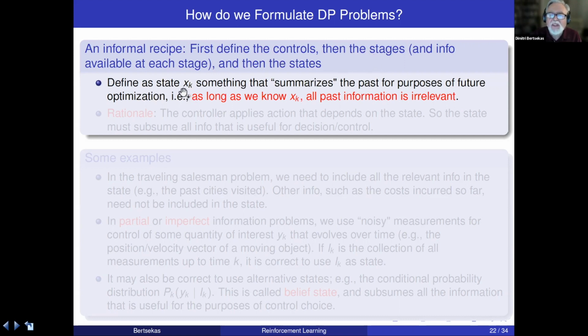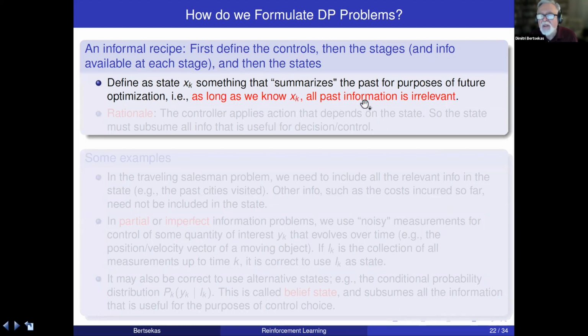You define a state as a summary of all the relevant information, something that summarizes the past for the purposes of future optimization. In other words, a state should have some kind of a Markov property, whereby if you know its value, then it separates past from future.